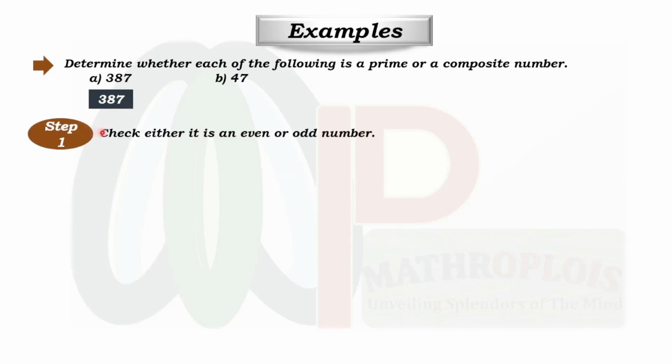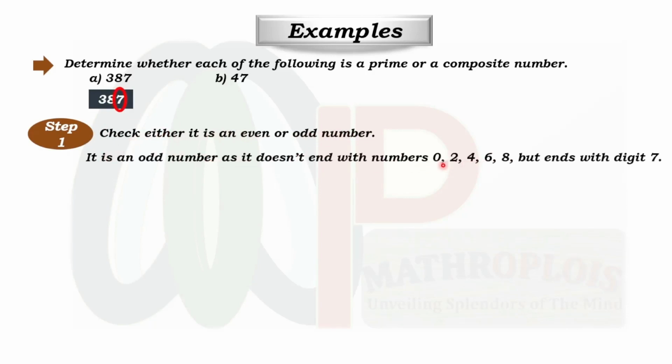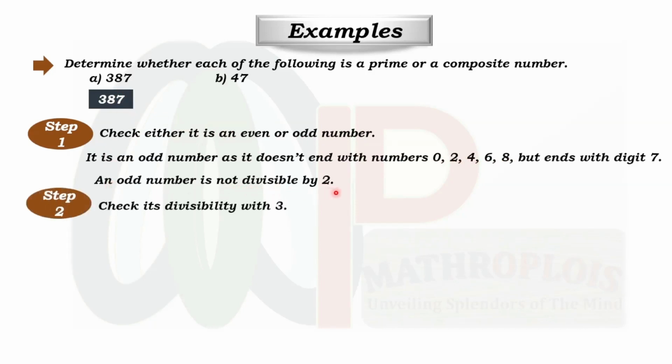In step 1, we will check whether 387 is an even number or an odd number. It is an odd number as it doesn't end with 0, 2, 4, 6, 8, but ends with digit 7. An odd number is not divisible by 2.